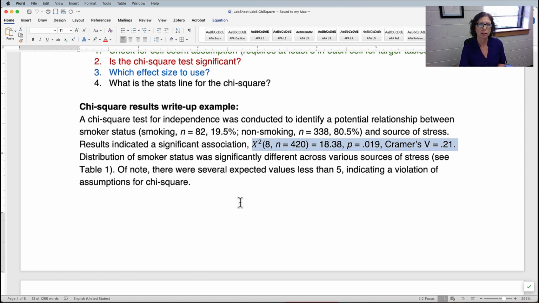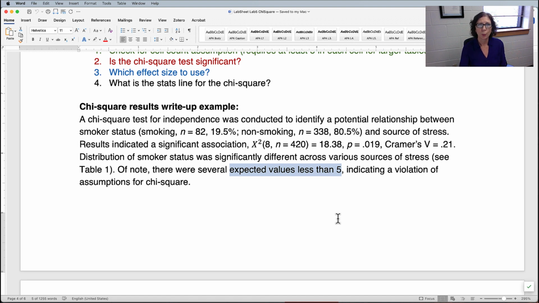Distribution of smoker status was significantly different across various sources of stress, and then it might be easier to use a table to help convey information here, because there's just so many different sources of stress. And then you also want to let your reader know that there was an assumption violation, that we had some areas where expected values were less than 5, and that is a violation of chi-square.